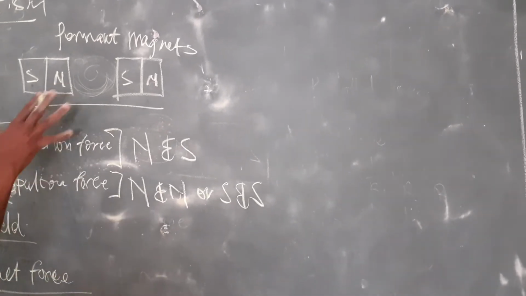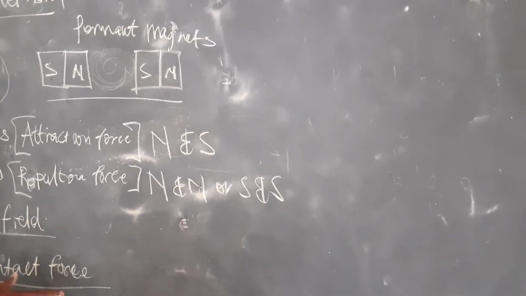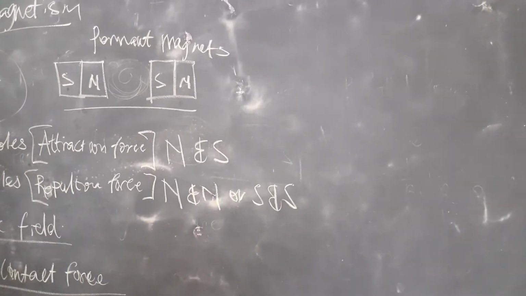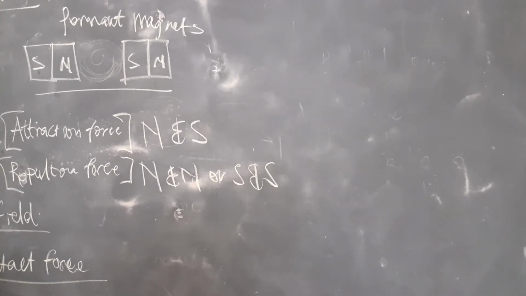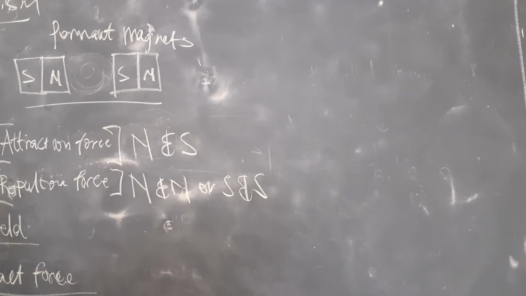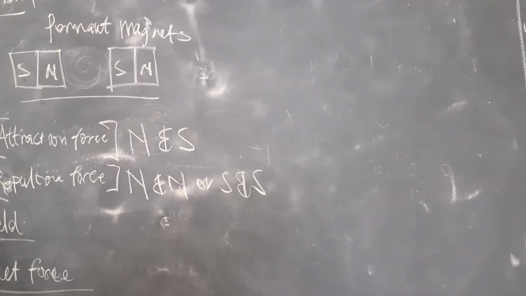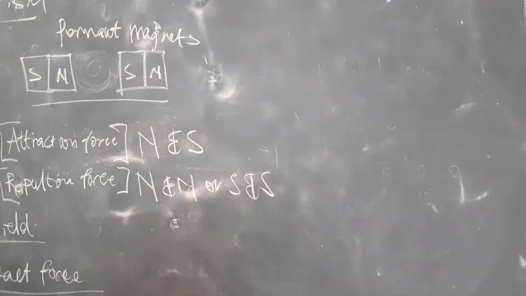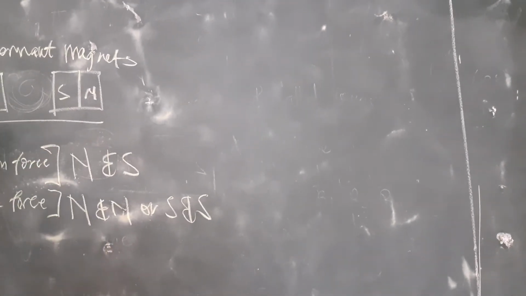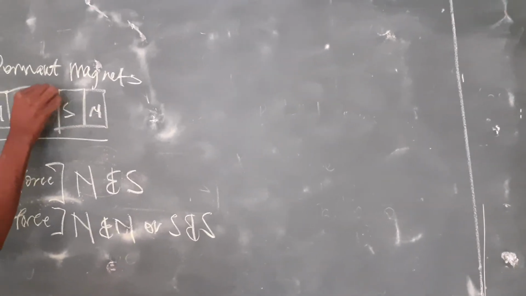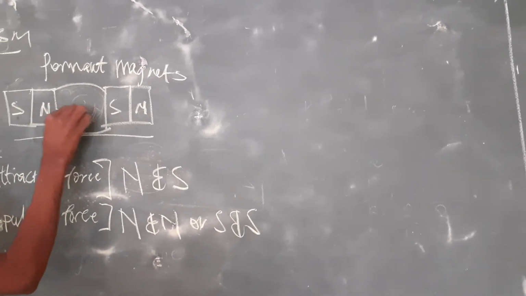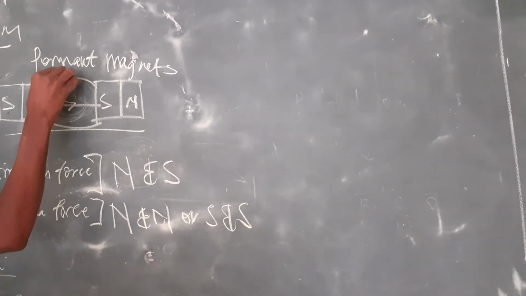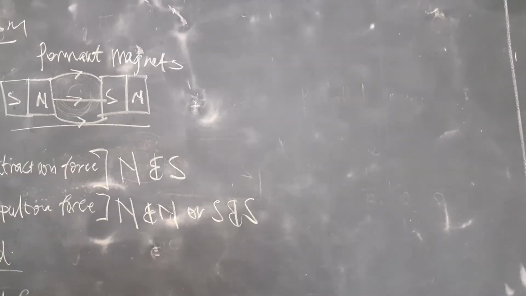And now you need to understand what we call magnetic field lines. Magnetic field lines are the lines that give the direction of a magnetic field. So for example, if the north and the south are on the same side, they will have an attraction, where the north will always be attracted to the south.